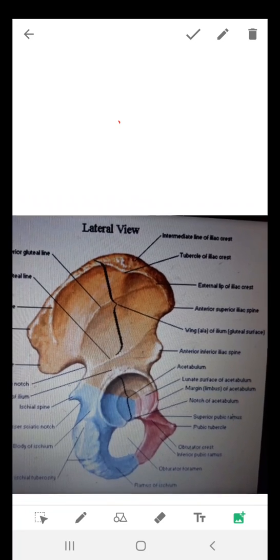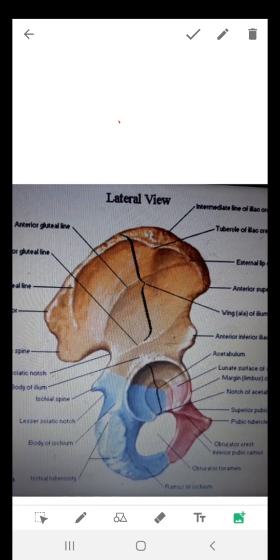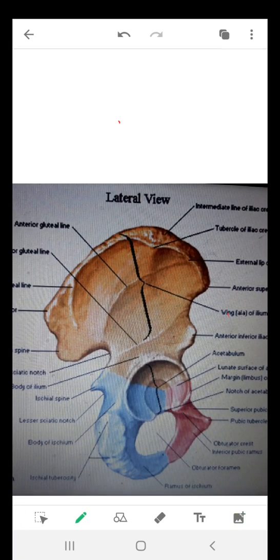Okay, let's look at other parts of this bone. We've looked at these contours. Now, you notice that the superior part of the ilium is rough in nature. This superior part is called the iliac crest.